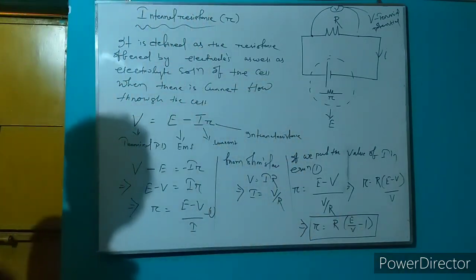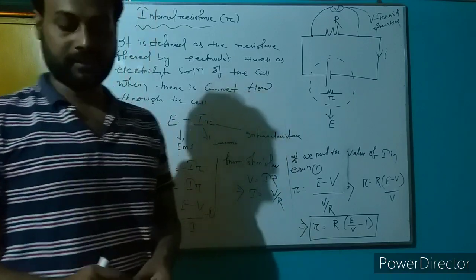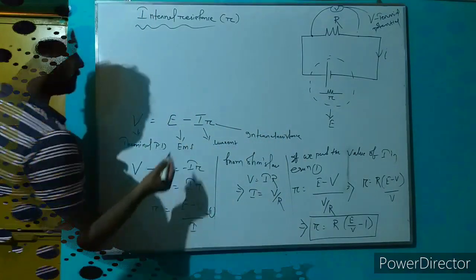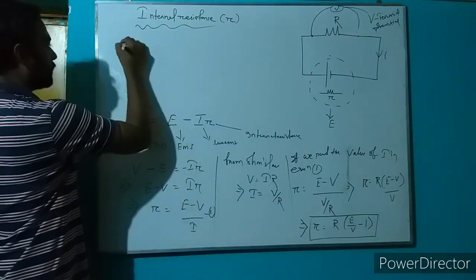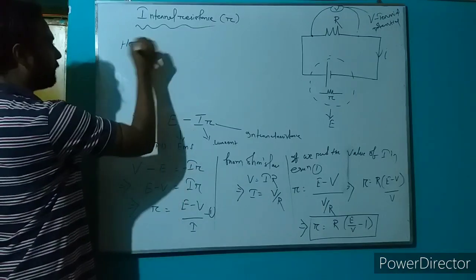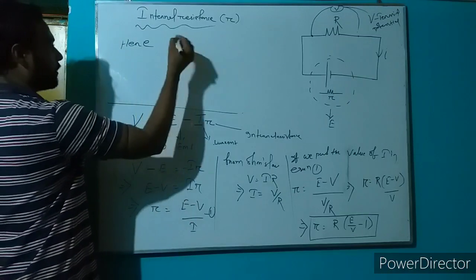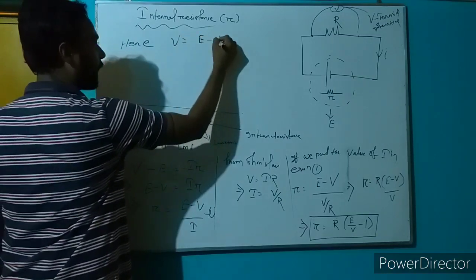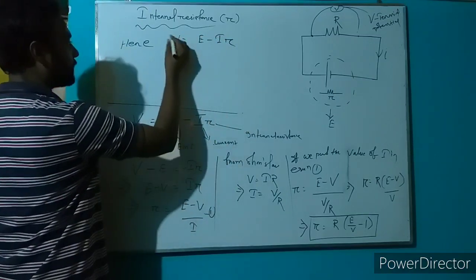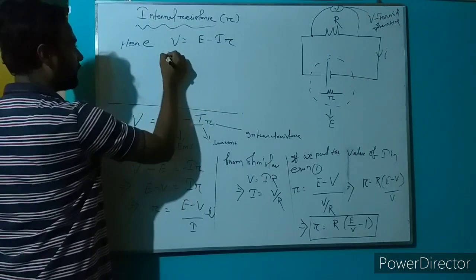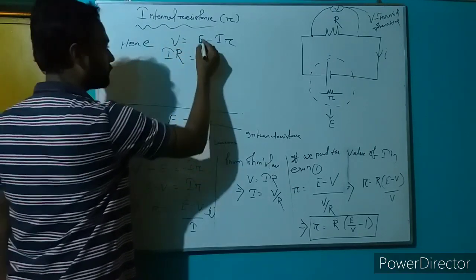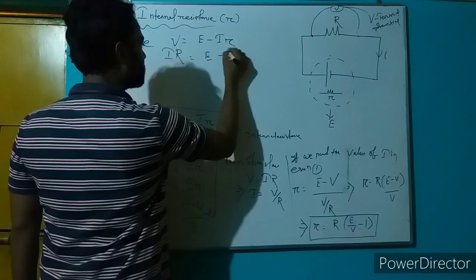In another way, you can define the formula of internal resistance. Here V equal to what? E minus Ir. And V, from Ohm's law, can be defined as I into capital R. So E minus Ir equal to IR.